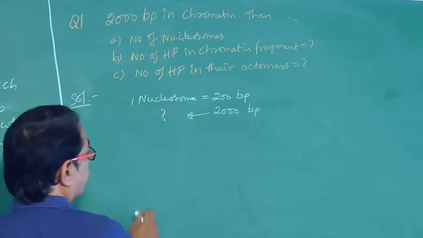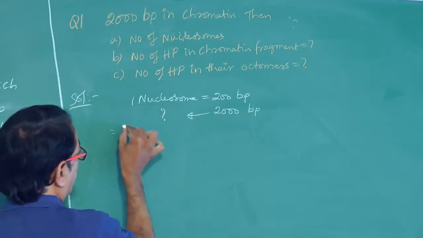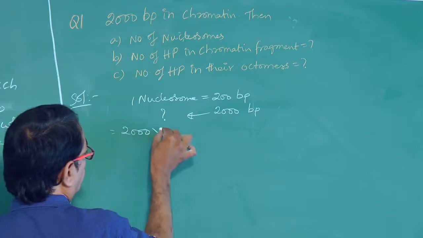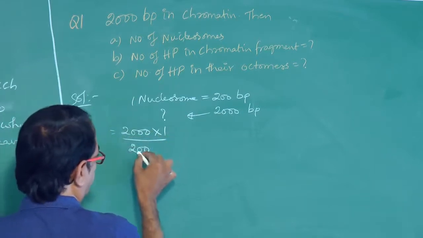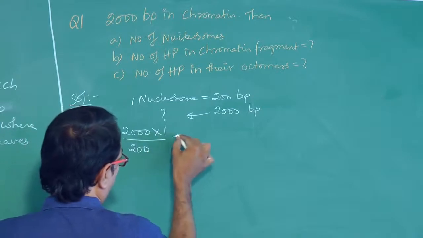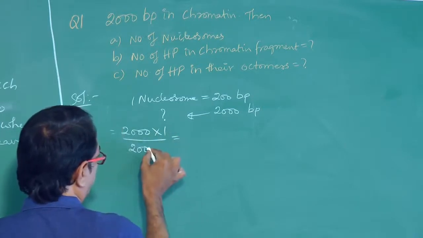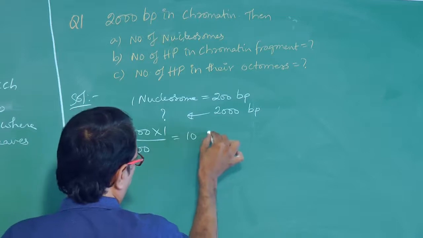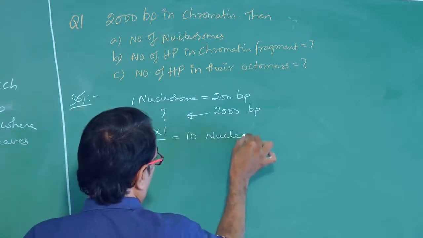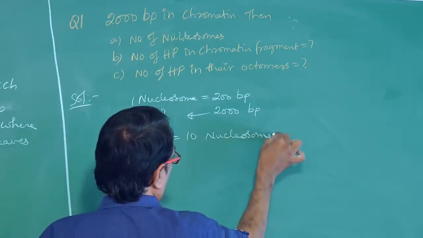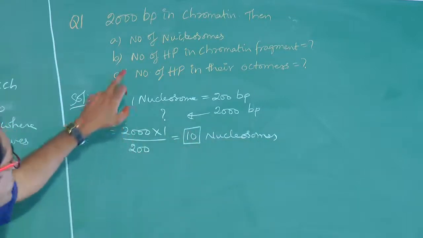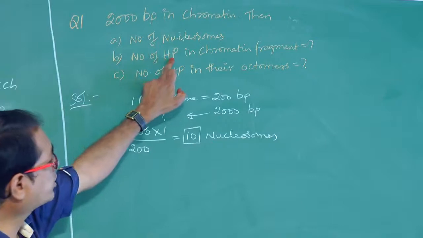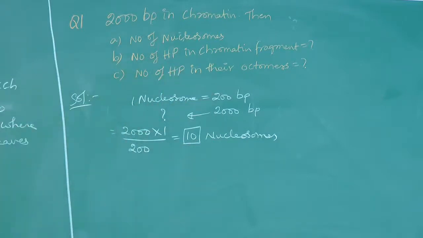Then total number of nucleosomes is 2000 into 1 divided by 200, which is 10 nucleosomes. Okay.